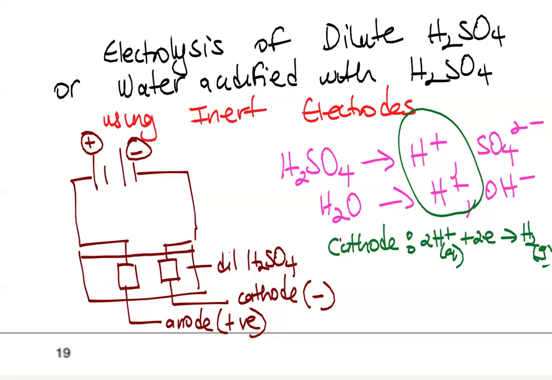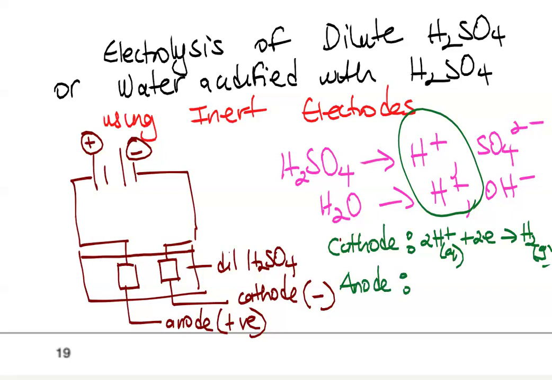And at the anode, what will we get? I think this one is a giveaway. Sulfate or hydroxide? You look at your electrochemical series of the anions. Is sulfate too high up in the series? Very good.